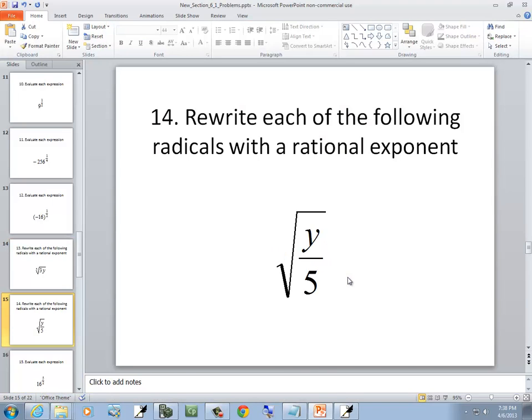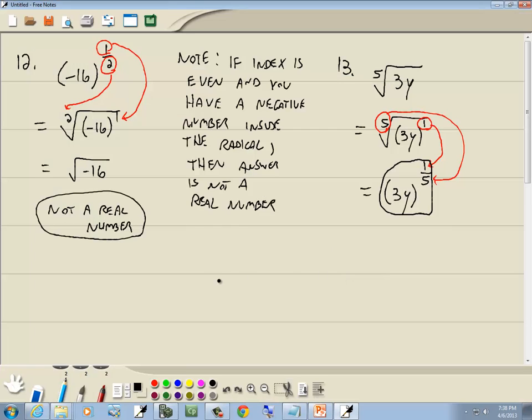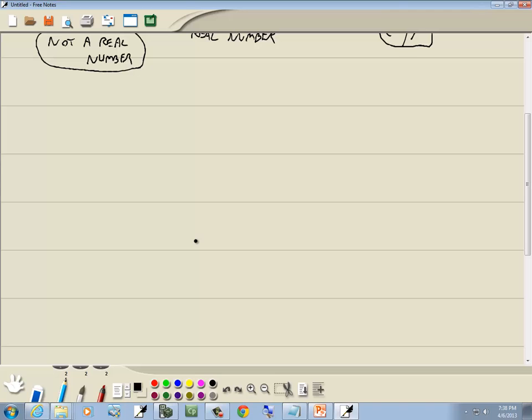Let's take a look at this one. Number 14. We have the square root of y to the 5th. Well, let me put the index in there. Remember, if you have a square root, it's default 2.